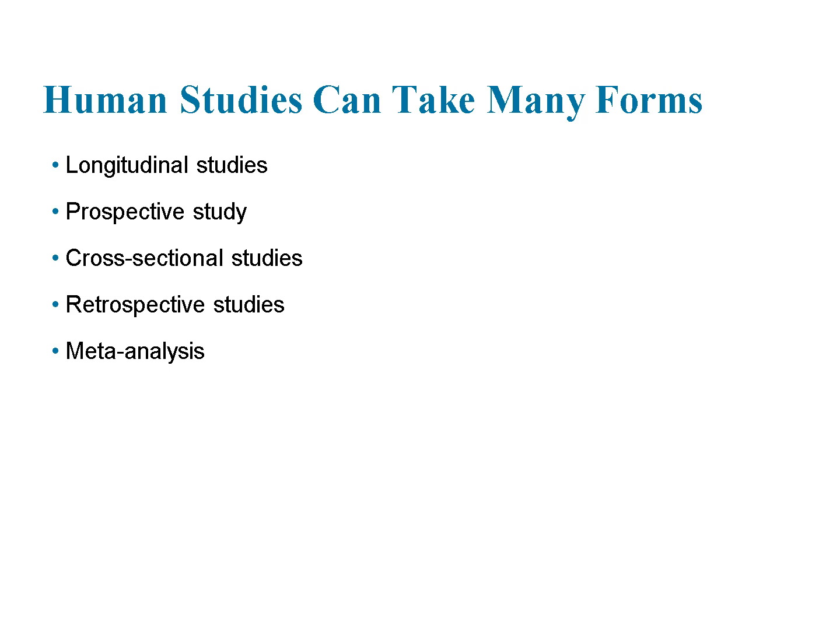Retrospective studies. These studies work backward, looking at past data or medical records to find patterns or trends. For example, researchers might analyze patient histories to identify risk factors for a disease that's already occurred. Meta-analysis. This is like a big picture approach. Researchers combine data from multiple studies to get a more comprehensive view.